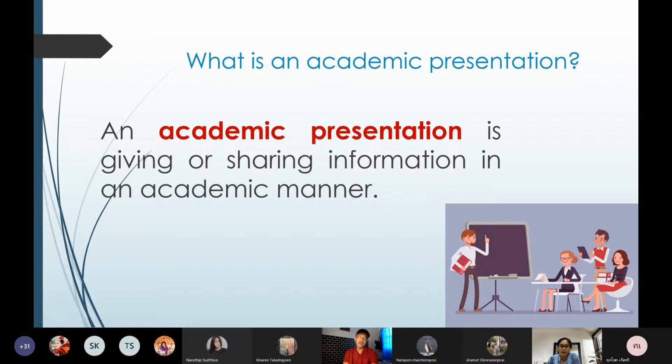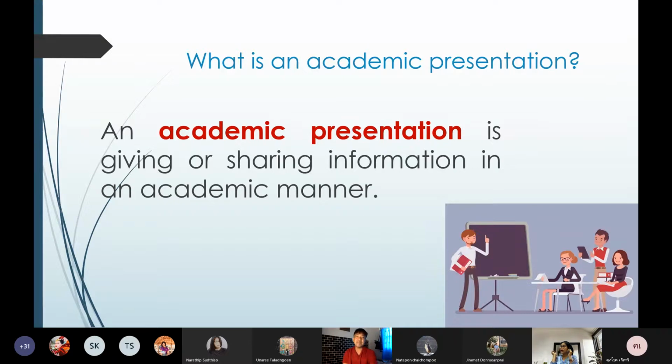There are other presentations, like business presentations, but this one is very important for you so that you could use it in the classroom, when you present a research, when you present a project, or when you present something inside the classroom with your classmates or in front of your teachers, okay?